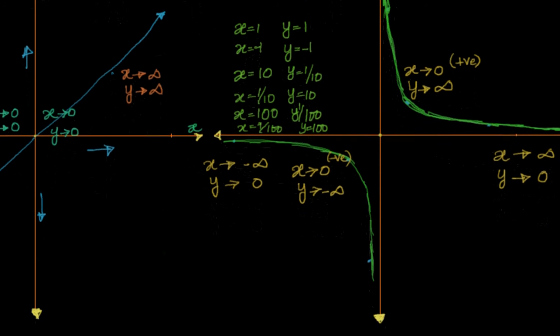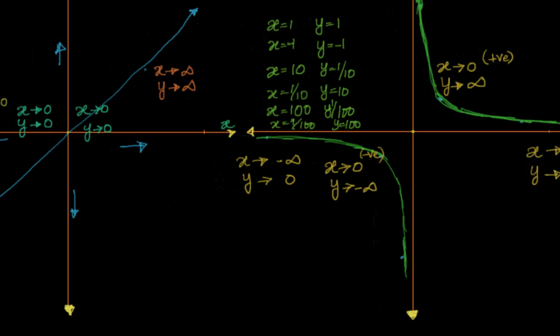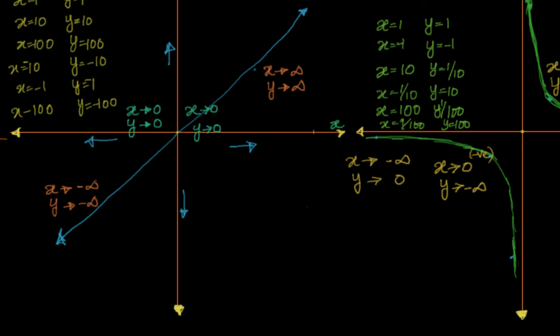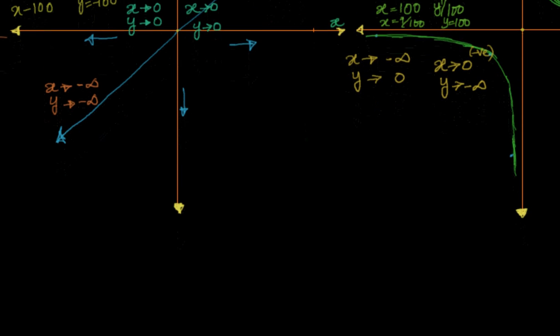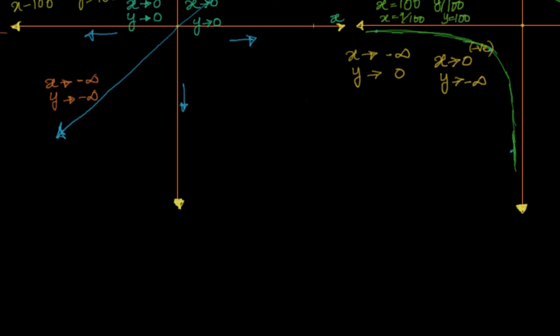Whatever observations we have found, if you are able to understand, we can summarize them in three simple rules or laws.